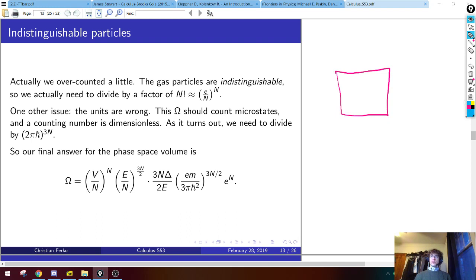If there were just 3 gas particles, then the count that we just did would count this phase space state where our 3 gas particles are moving like this, but then it would count again another phase space state where the configuration of the gas looks the same, but we're just calling them different things.